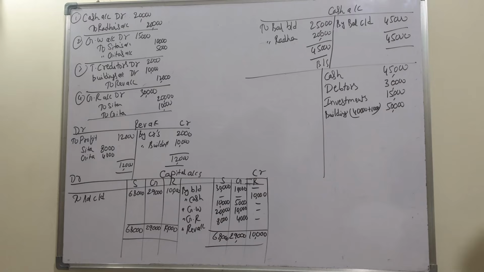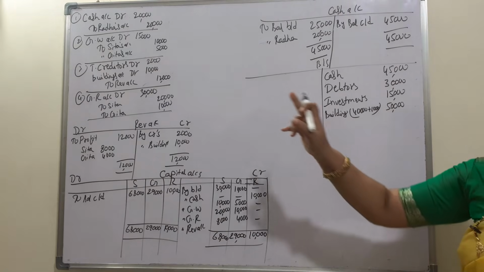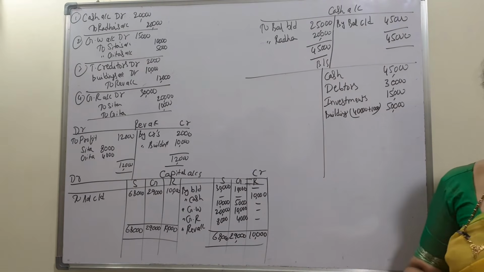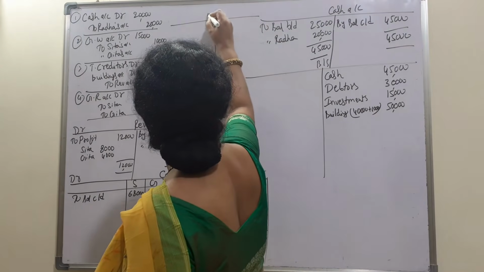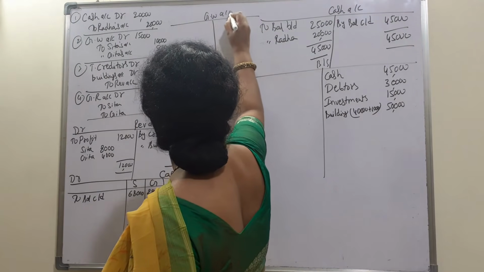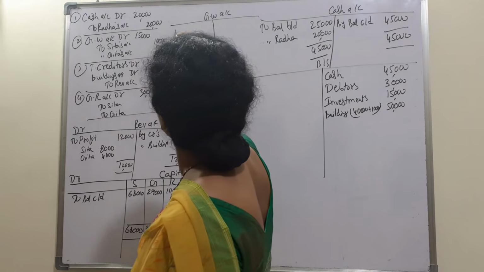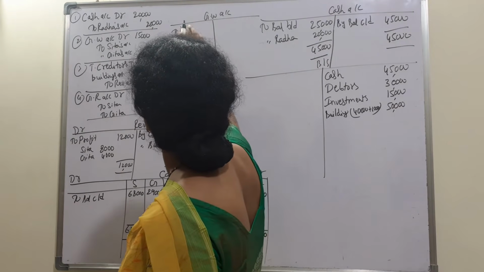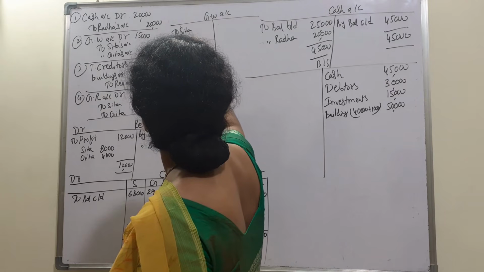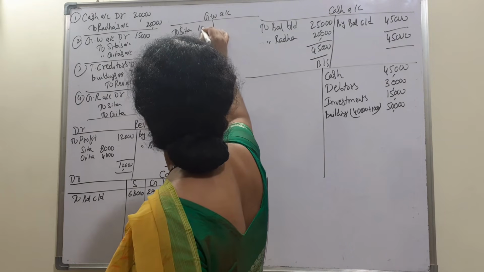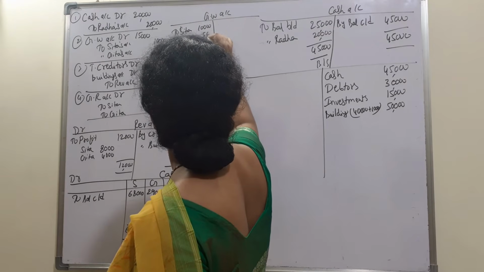After buildings, we can write goodwill. The goodwill account I'll also show you. When goodwill is created, we are writing to Sita and to Geeta, 10,000 and 5,000.